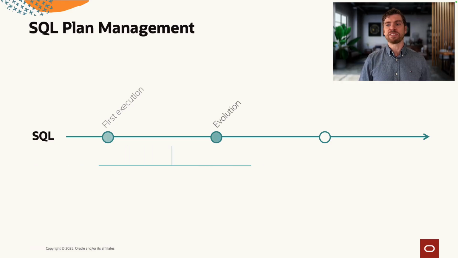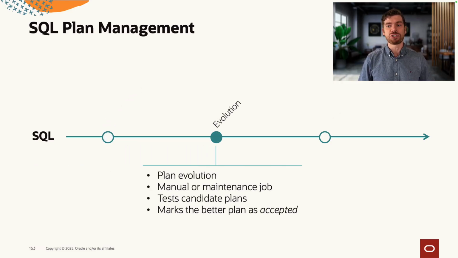So now comes the second part, which is the evolution part. This plan evolution typically runs as a manual or maintenance job. Usually the default for that is once a day, usually during the evening. And this job will test the other plans which are still not accepted and see if their performance is better than the ones that are currently accepted for a given SQL. And if the plan is better, then it's going to be marked as accepted.